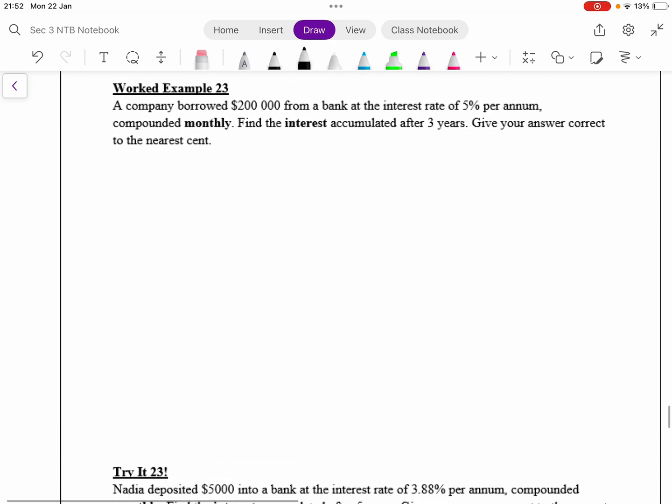What about example 23? A company borrowed 200,000 from a bank, interest rate 5% per year. But this time they compound monthly. So find the interest accumulated after 3 years. Now from here, your interest rate is 5% per year, but they compound monthly.